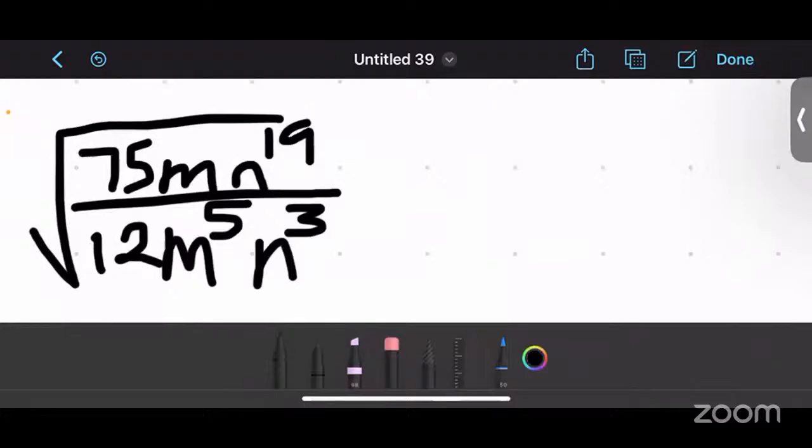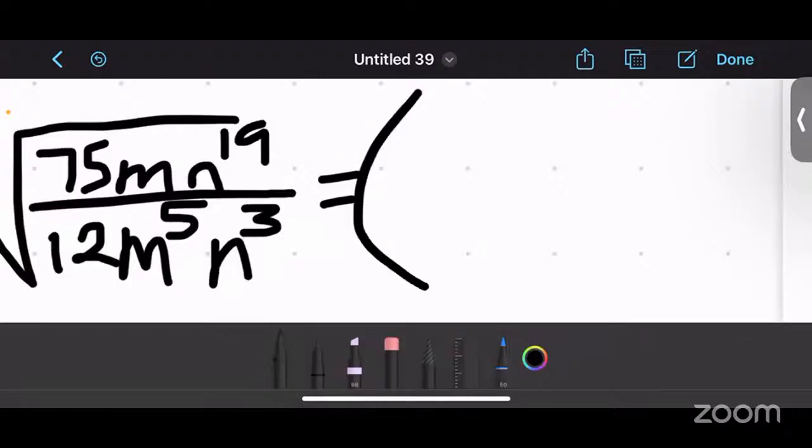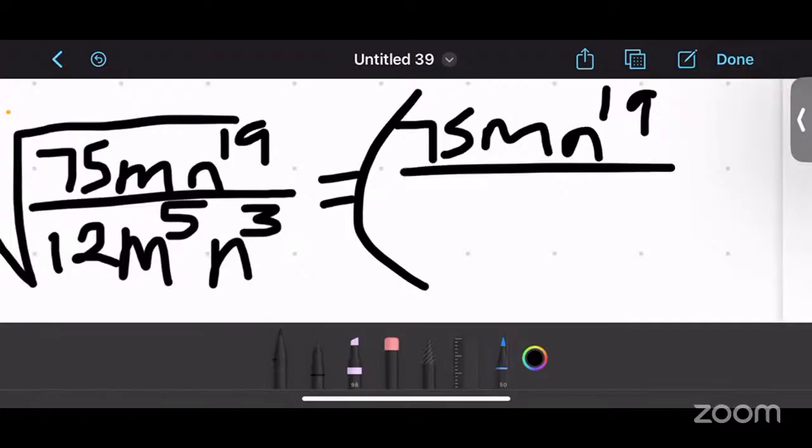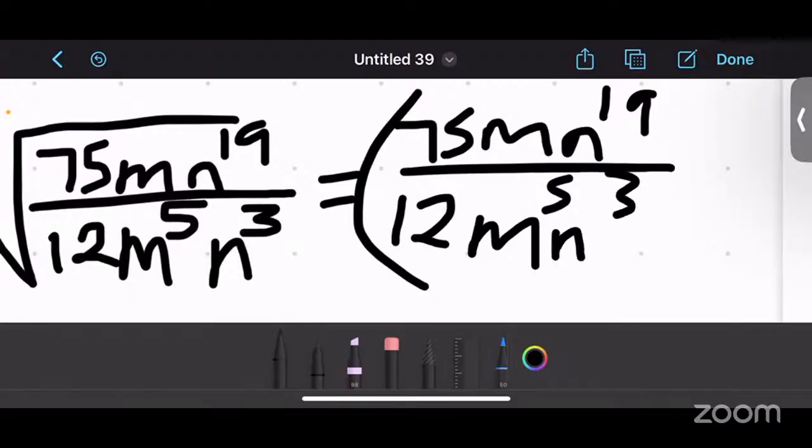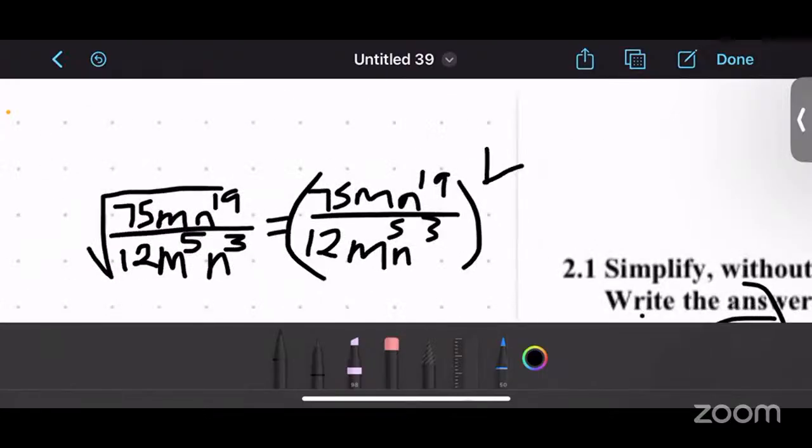Now my first step is to remove the square root. To remove a square root, I raise everything to the power of 1 over 2. So in brackets I have 75 m n to the power of 19 divided by 12 m to the power of 5 n to the power of 3, everything to the power of 1 over 2.